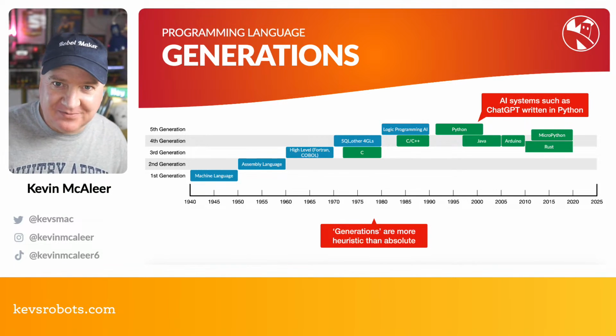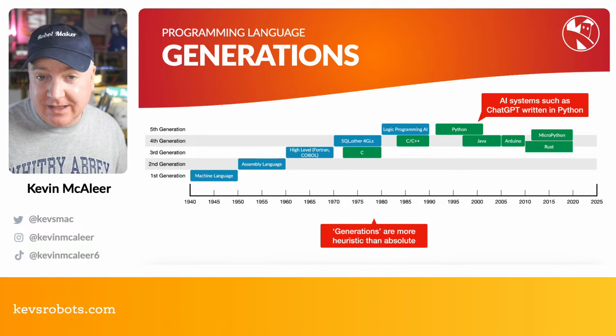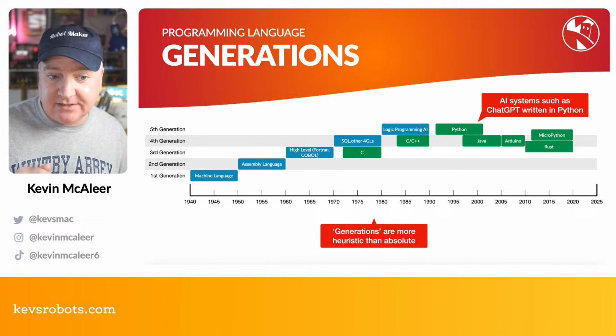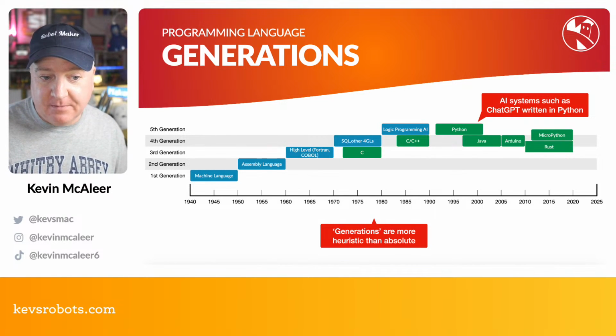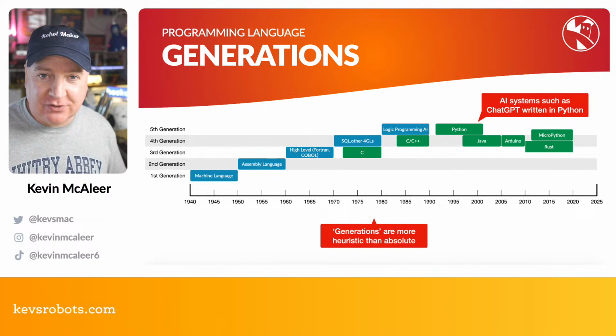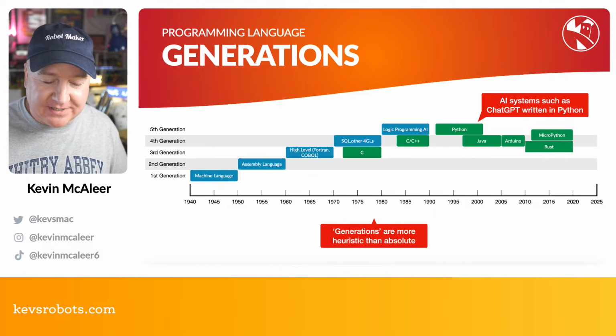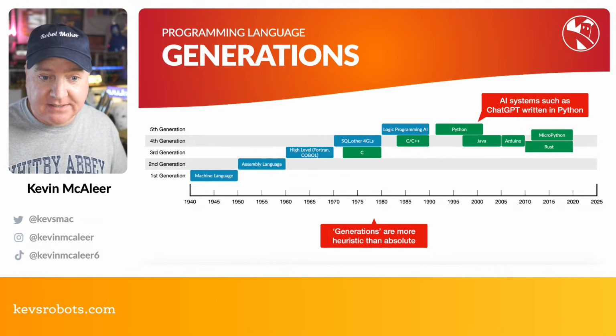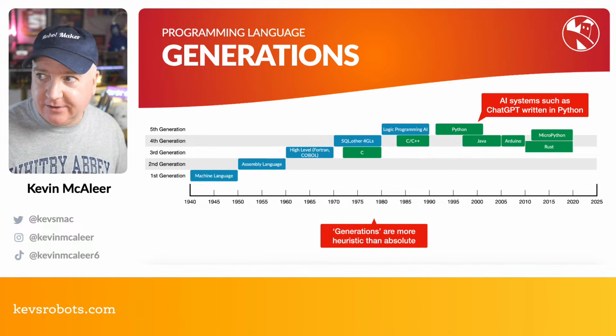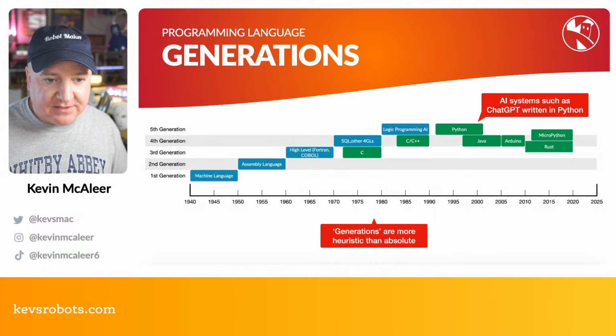I can't even pronounce it. So Python is one of the leaders in this kind of environment, because you can do things like ChatGPT in Python. There are lots of extensive libraries out there for doing AI-based neural network programming, like TensorFlow and things like that. So they're kind of 5th generation languages.